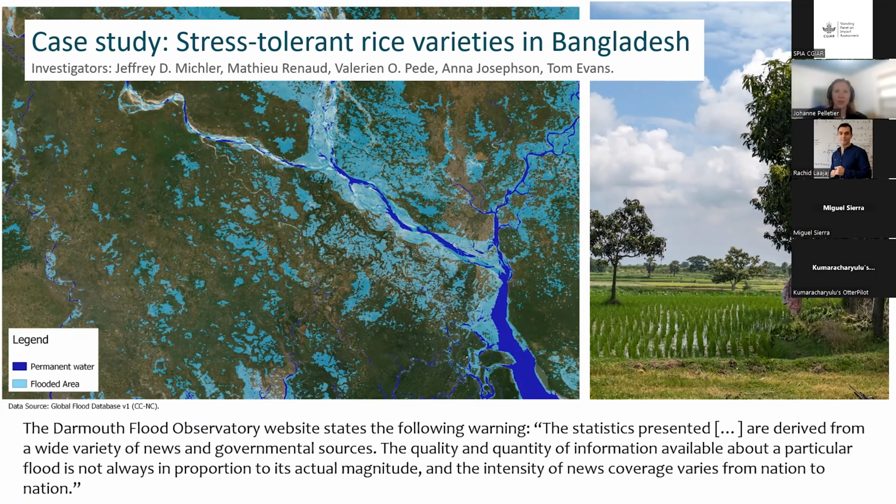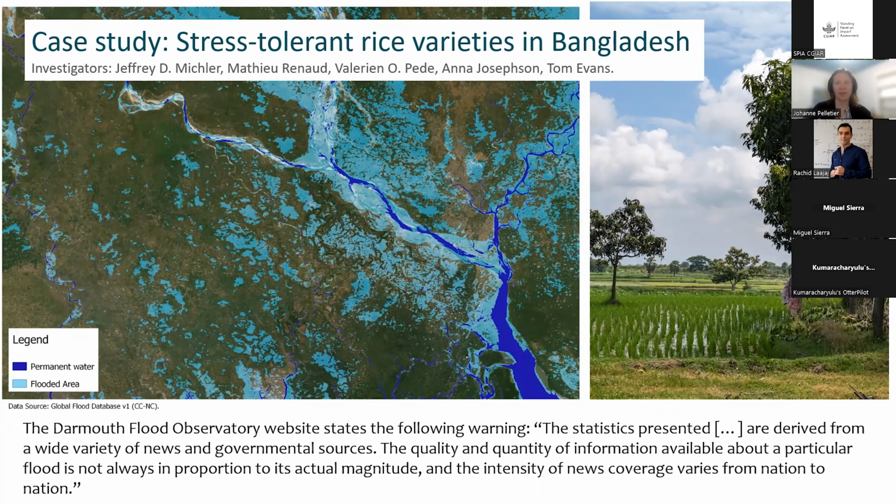The quality and quantity of information available for a particular flood is not always in proportion to its actual magnitude and intensity of news coverage. It varies from nation to nation. So definitely the way they would capture a flood is if it appeared in the news. That's how this dataset was built. If there was news of a flood, they would map it.